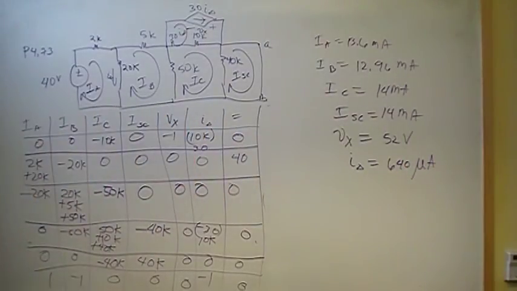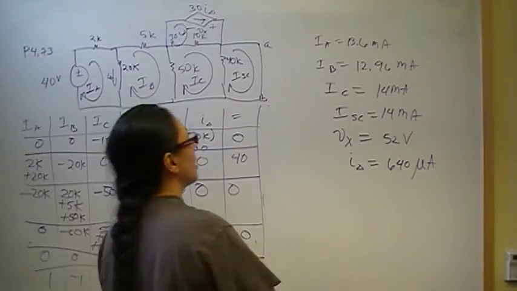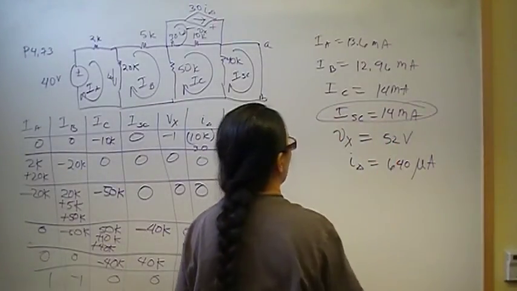So that's what you should have got when you solve your simultaneous equation solver. And this is the first half of our Norton equivalent circuit.